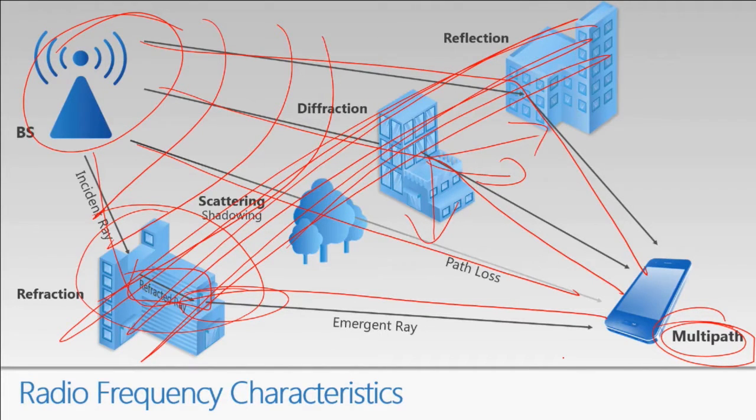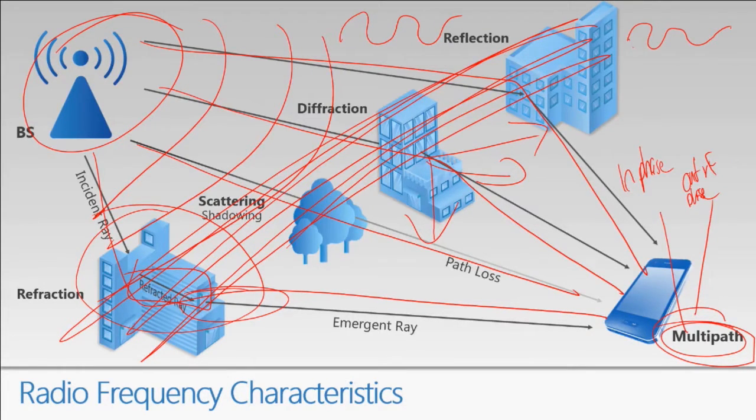Now, multipath can be described as in phase or out of phase. An in-phase multipath signal is where the crests coincide with each other. So if you were looking at the equipment, let's say I transmitted a signal out like this and it was received like this, that's considered in phase.